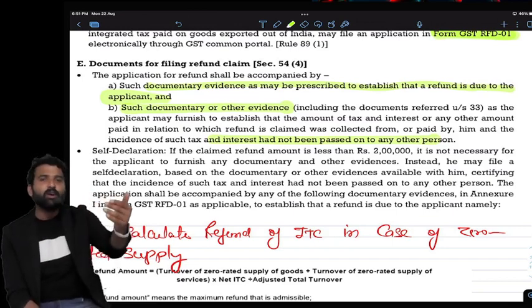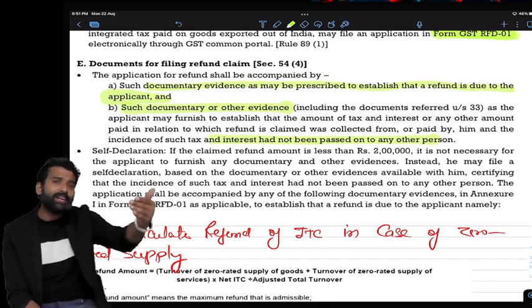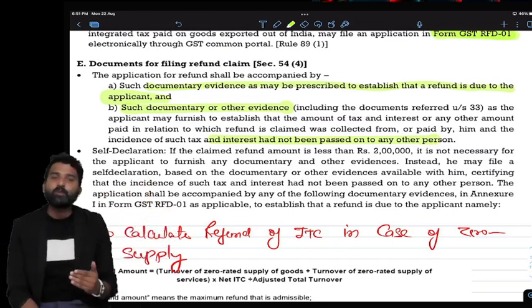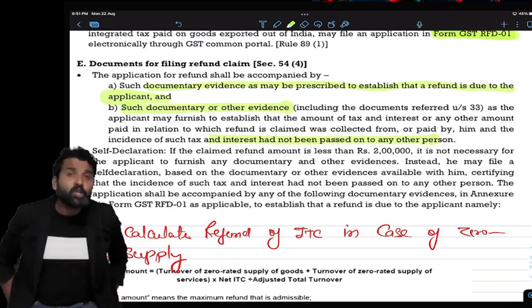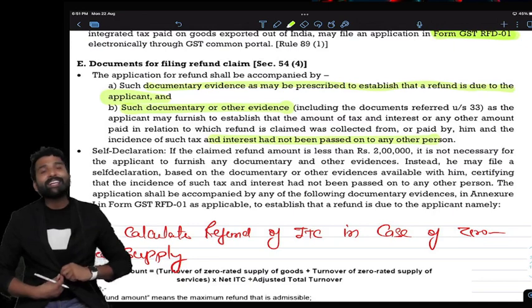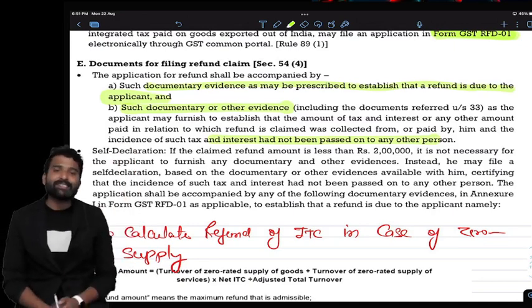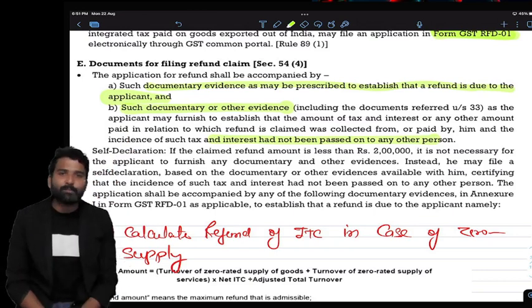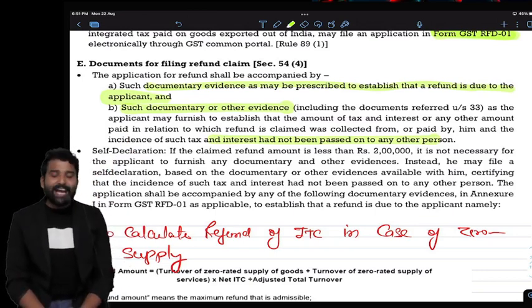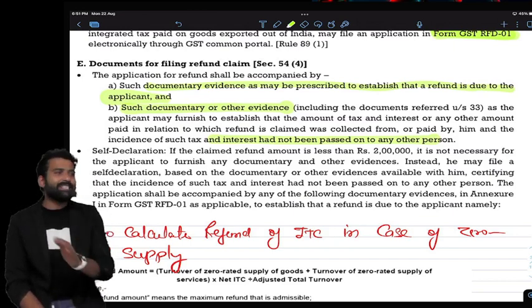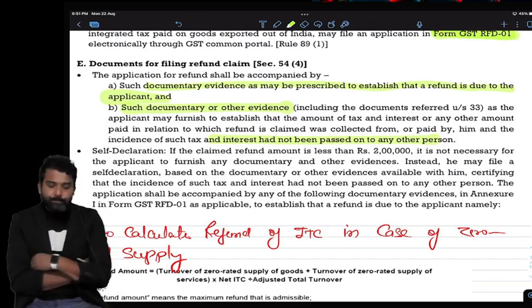So you have to present the documents which will prove that you are eligible to claim refund. But the second document that proves that I have not passed on the burden of incidence is not required in all the cases where unjust enrichment is not required to be proved. So like for zero rated supply, I am not required to prove that I have passed on the burden. In that case, it is not required to submit the second document. Yeah. Now important.